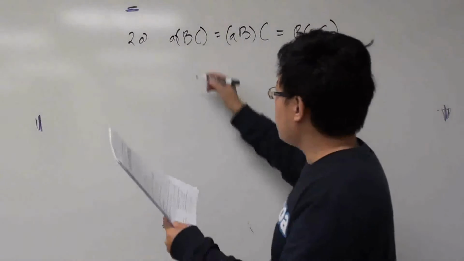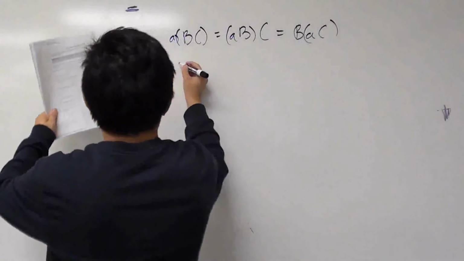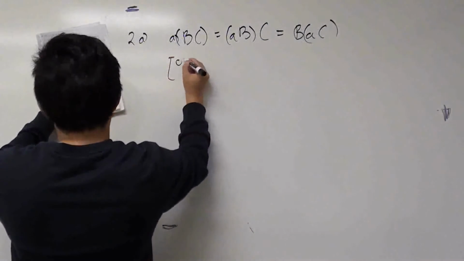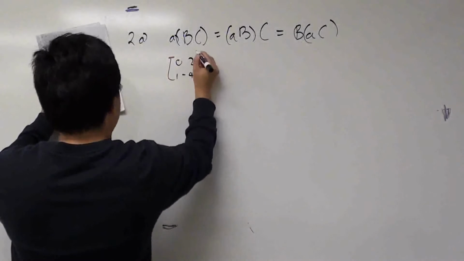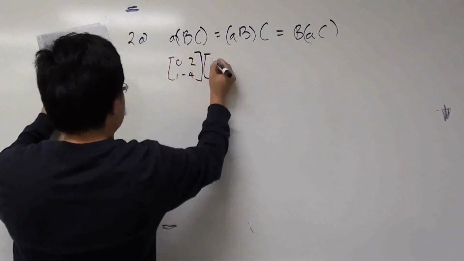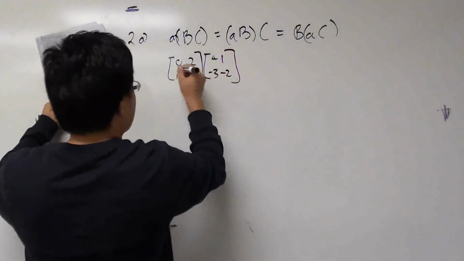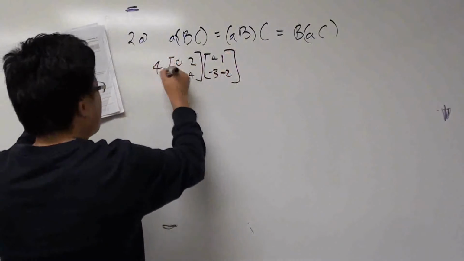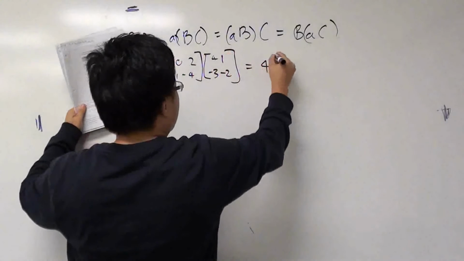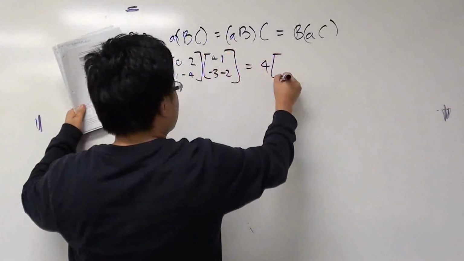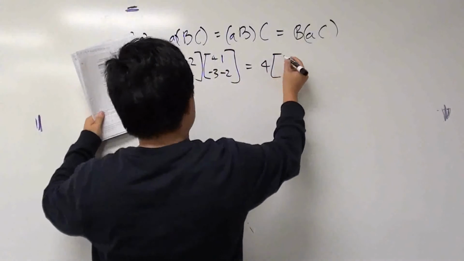So let's do B and C. B is 0, 2, 1, -4. C is 4, 1, -3, -2. And the A happens to be 4.